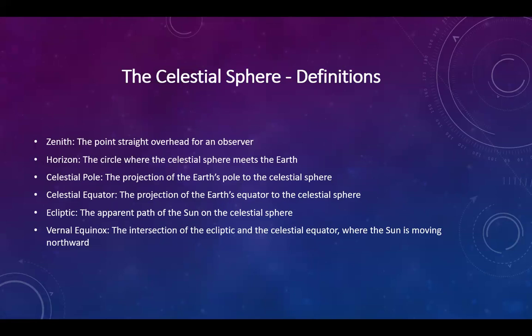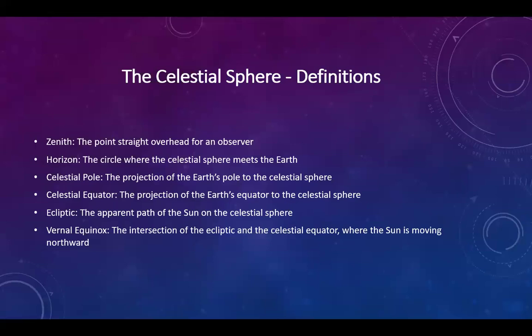The ecliptic is the apparent path of the sun along the celestial sphere. So it's special because it's where the sun shows up. And then the vernal equinox is one of the two intersections of the ecliptic and the celestial equator. It's the one where the sun is moving northwards, and it corresponds to the spring equinox.